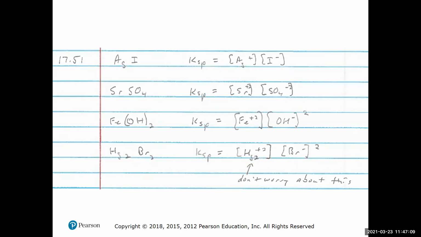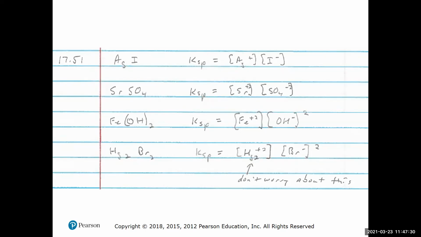For silver iodide, KSP would be the silver ion concentration times the iodide concentration. It's 1-to-1 in terms of the moles, so there are no exponents on those. Same for strontium sulfate: you have strontium ion, and then sulfate anion.